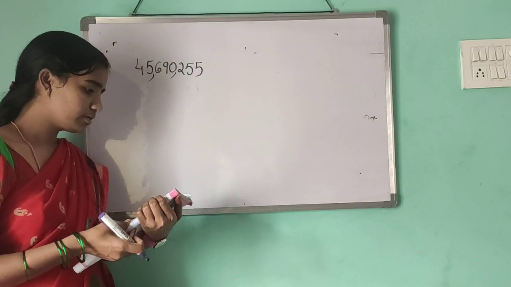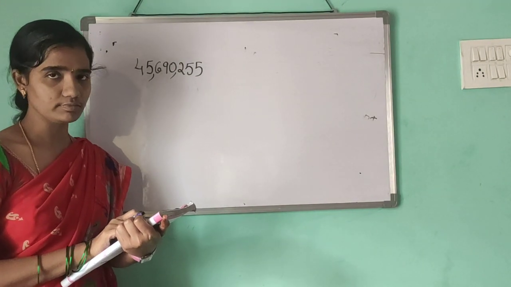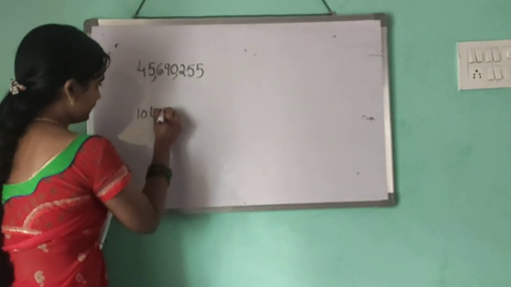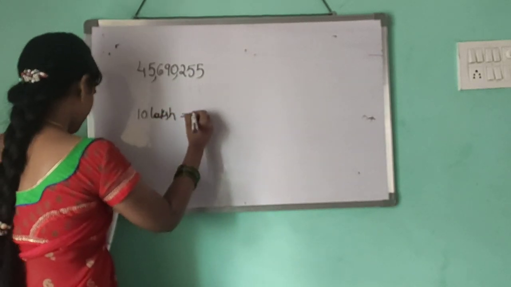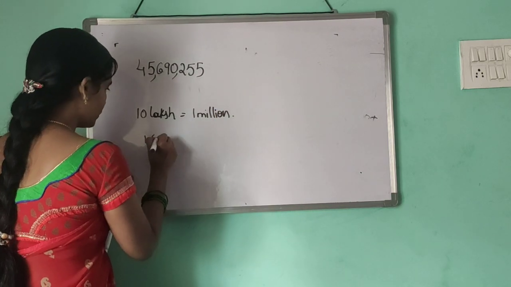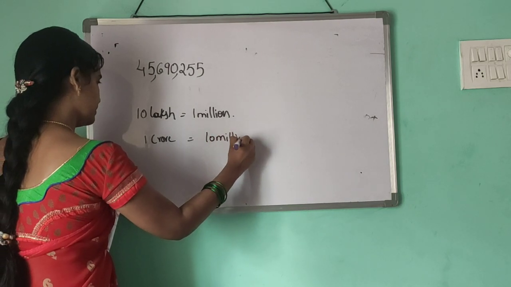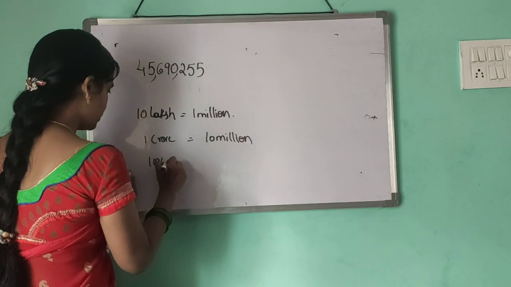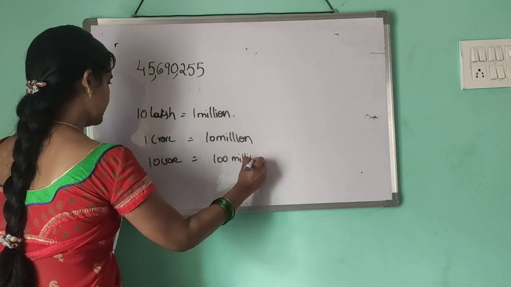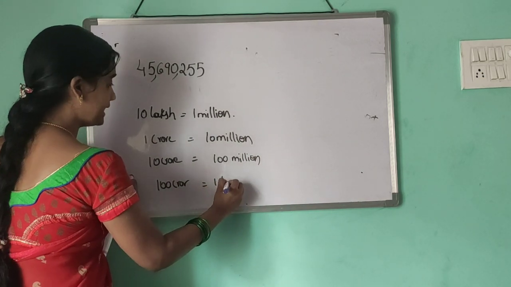1 million is a thousand thousands, or 10 lakhs. In the Indian system it is 10 lakhs, but in the international system we consider it as 1 million. 1 crore is considered as 10 million in the international system. 10 crore is considered as 100 million. 100 crore is considered as 1 billion.